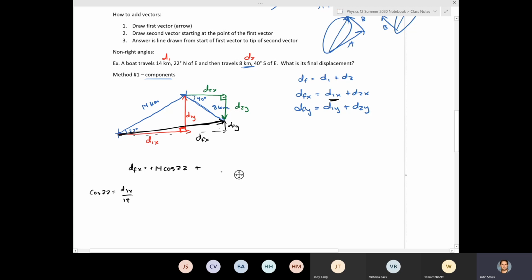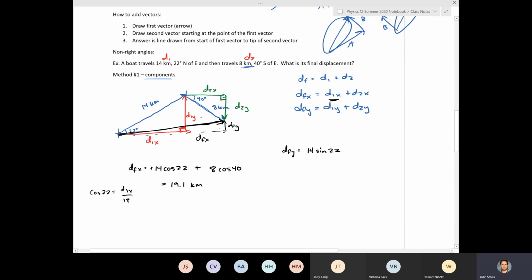This is going to be 8 cos 40. If you solve 14 cos 22 plus 8 cos 40, that's going to equal 19.1, and we're dealing with kilometers, so that's kilometers. Then dfy is going to equal d1y plus d2y. d1y is going to be 14 sine 22.